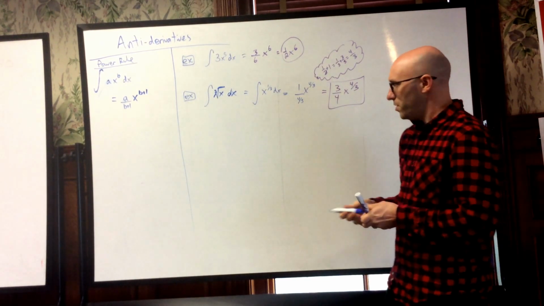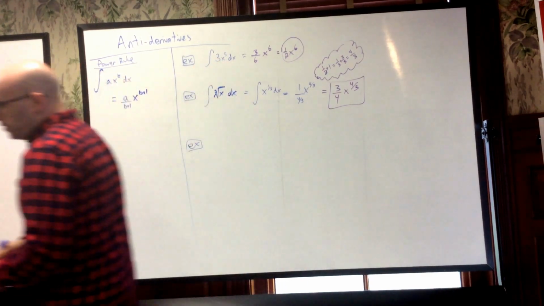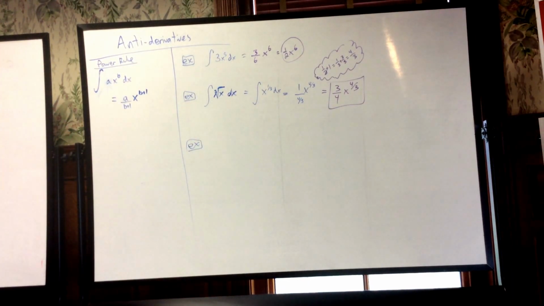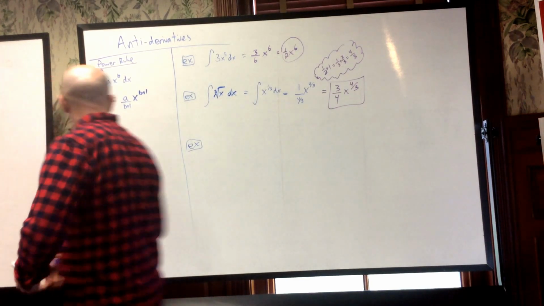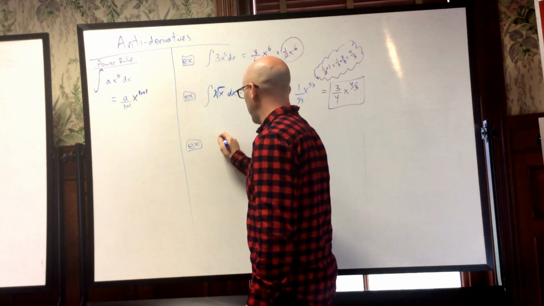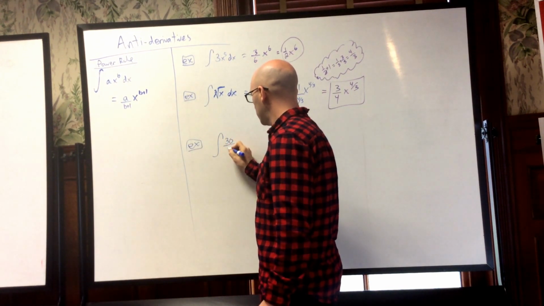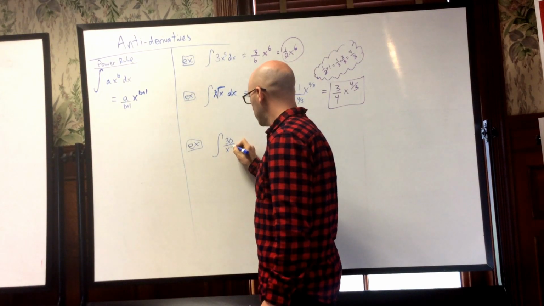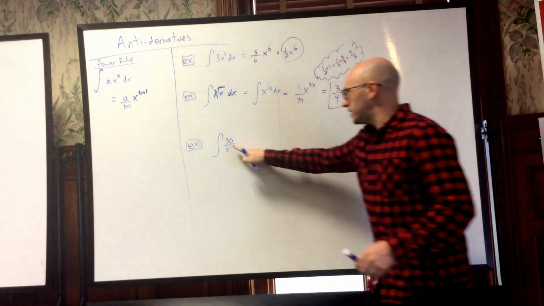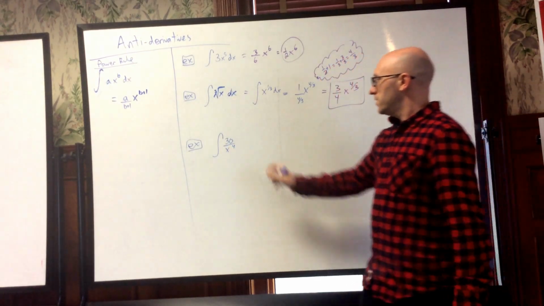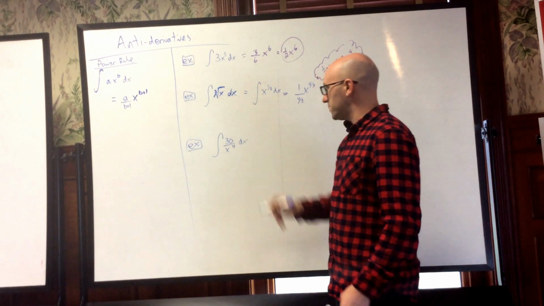One more, maybe with some negative exponents. Or, better yet, the antiderivative of 30 over x to the 4th dx.